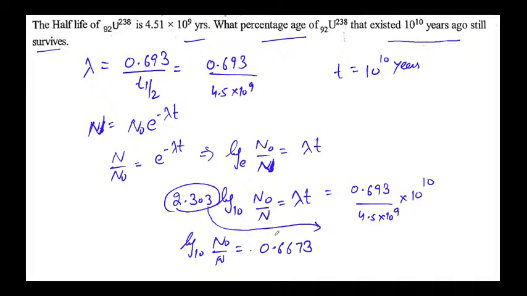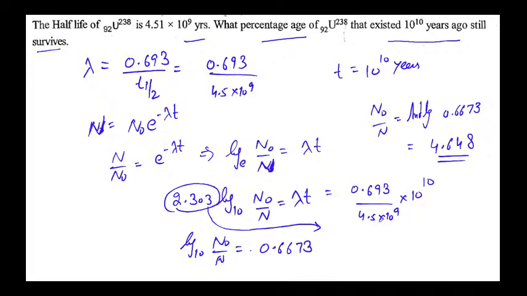From that you can take the value of N naught over N, which is equal to antilog of 0.6673, that is equal to 4.648.